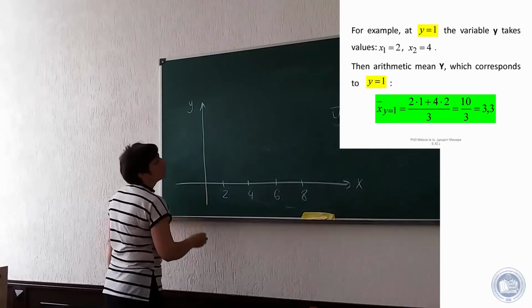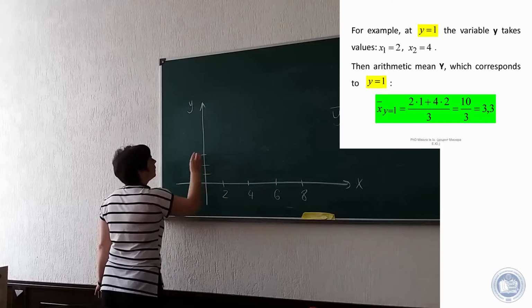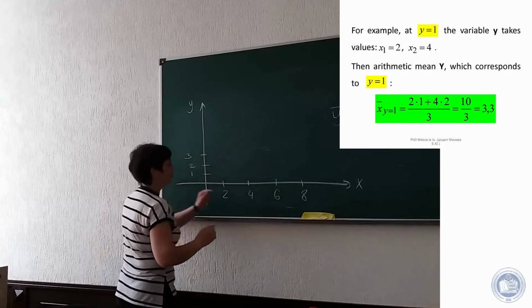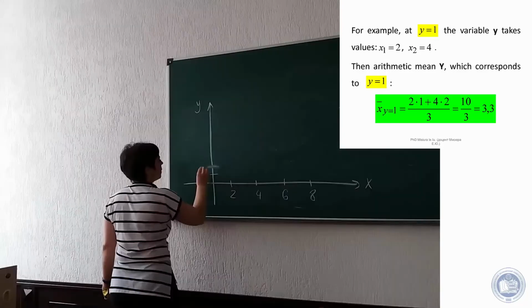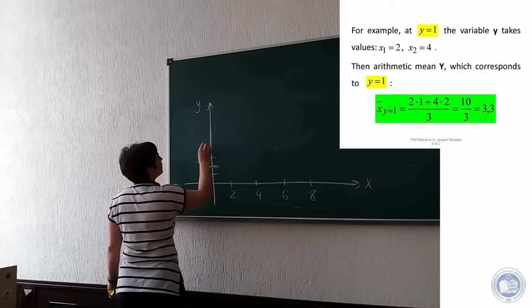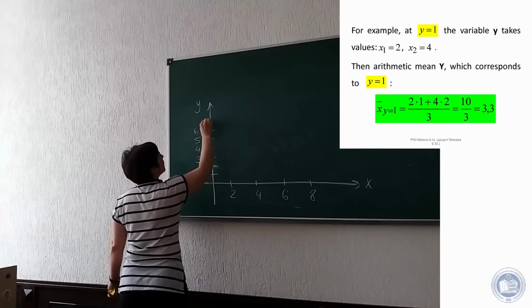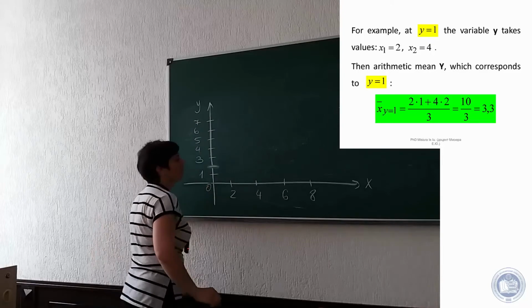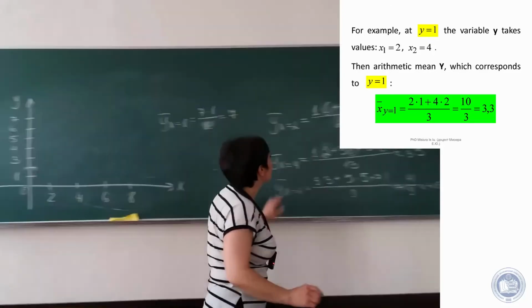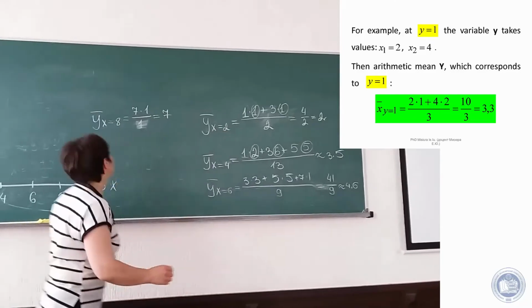Values of y, let's mark 1, 2, 3, 4, 5, 6, and 7. 0. Okay. Let's mark the first point. The first point will be 2 and 2.